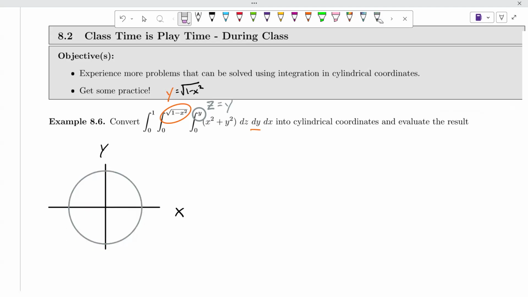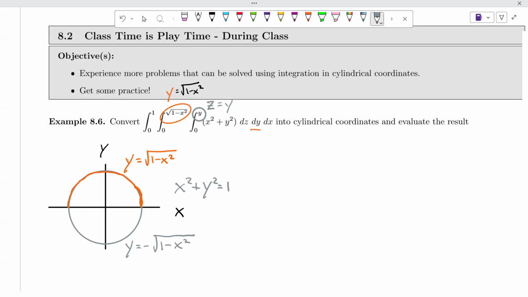So, in particular, if y is equal to the square root of 1 minus x squared, that is the top half of this circle. This guy right here would be y equals the square root of 1 minus x squared. The gray circle that I drew in initially was x squared plus y squared equals 1, which means this bottom half is y equals negative the square root of 1 minus x squared.